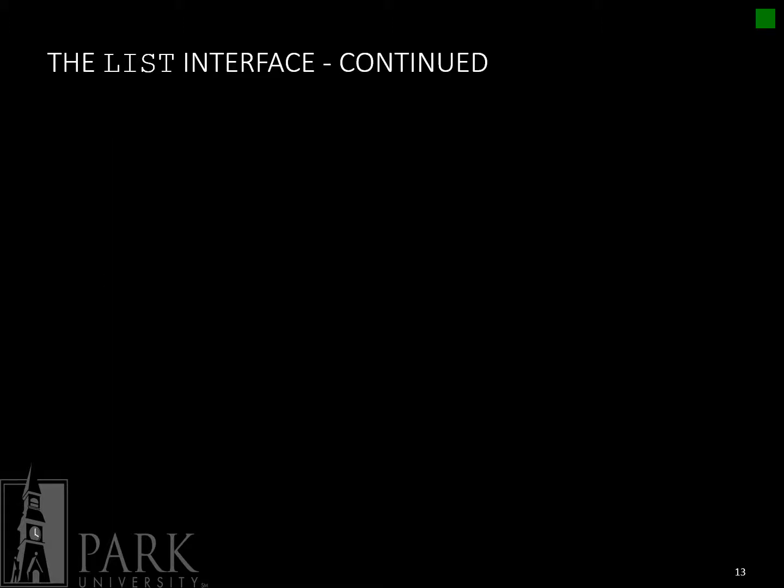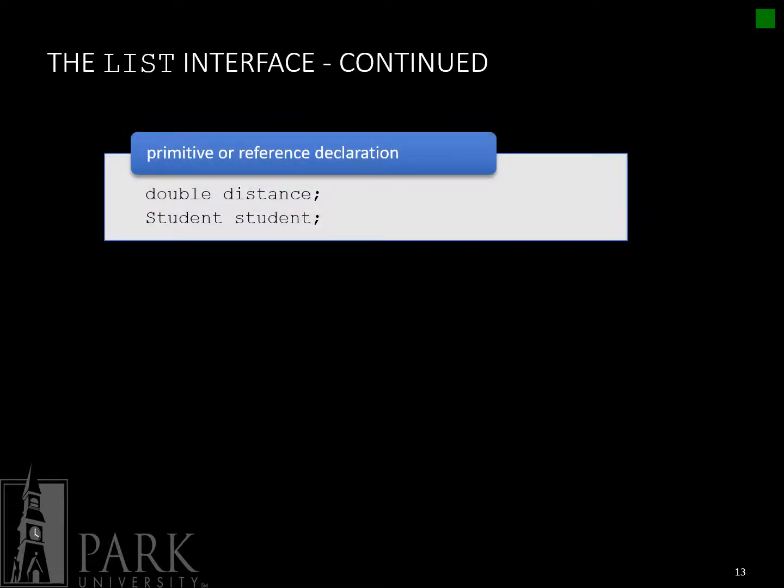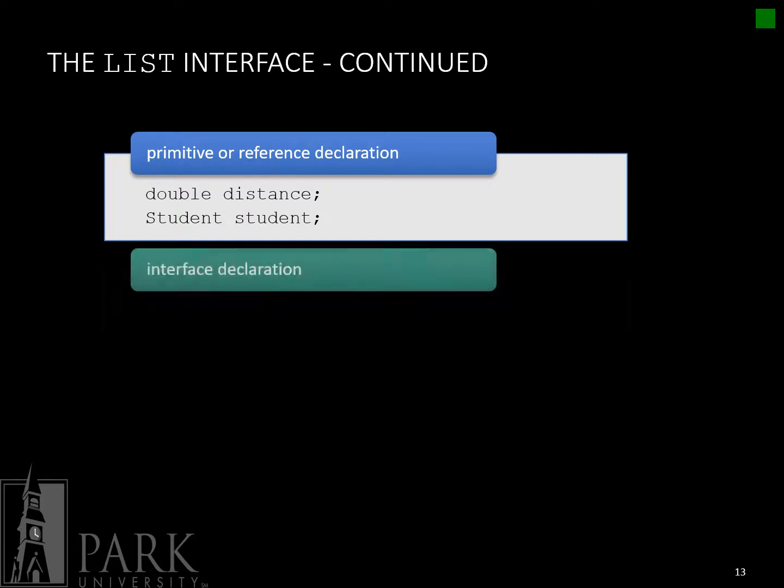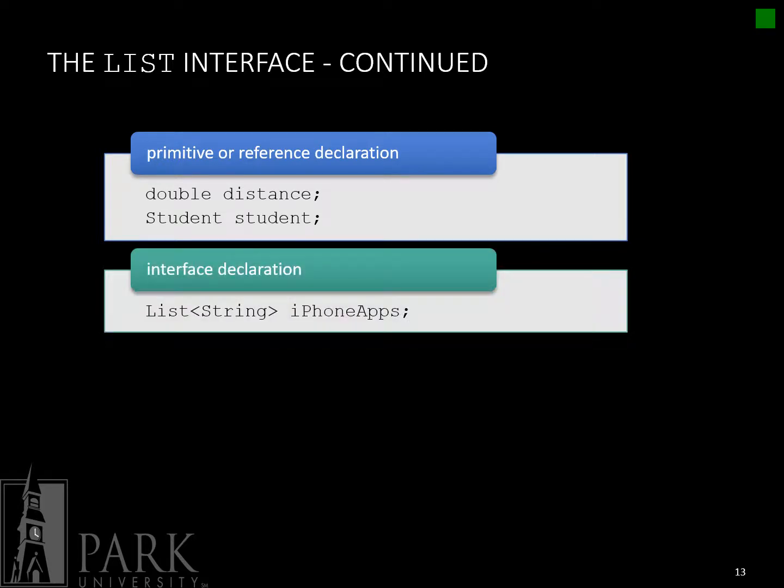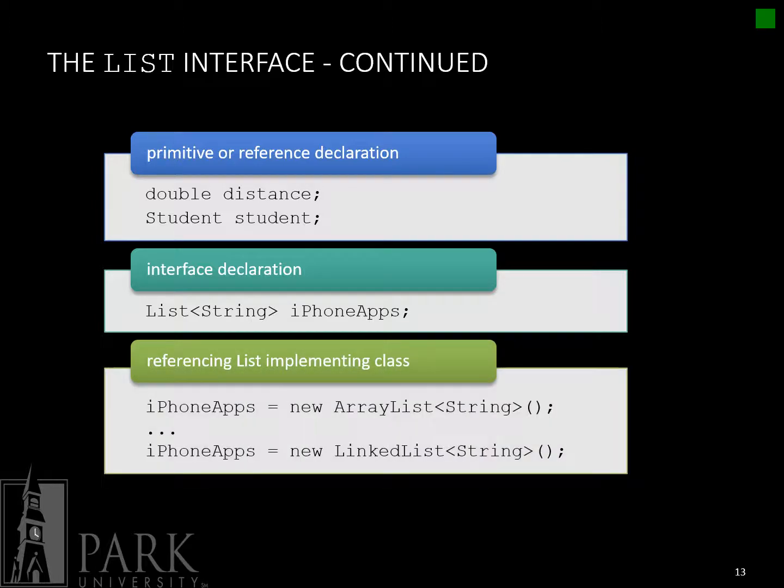The really cool thing about interfaces is that it adds a tremendous amount of flexibility to our code. In the past, you declared variables with a primitive type or a class name at the left, like this. You can also declare a variable with an interface at the left, like this. First, you could assign an array list object to it. Then later, you could assign a linked list object to the same variable.